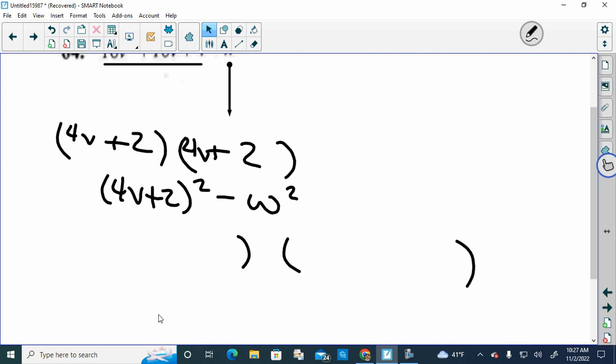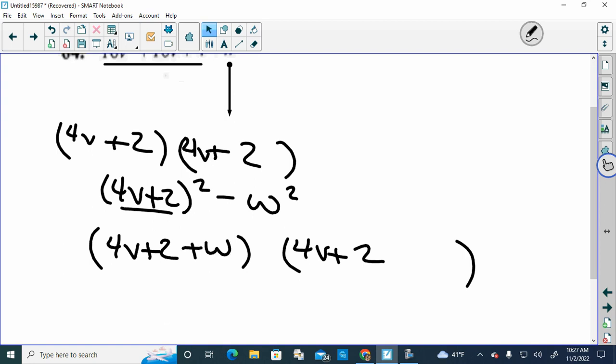So I write this one twice. I don't change any signs of it. It stays the same. Okay, but what am I putting at the end? Plus or minus W. Okay, plus W. And you just can't go any further because there's no exponents with the other variables.